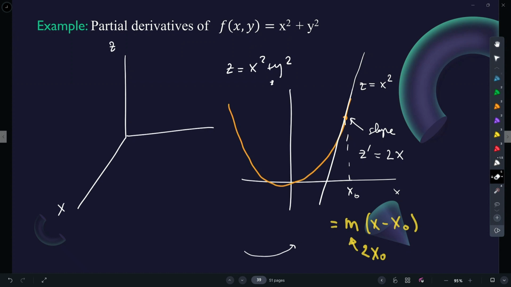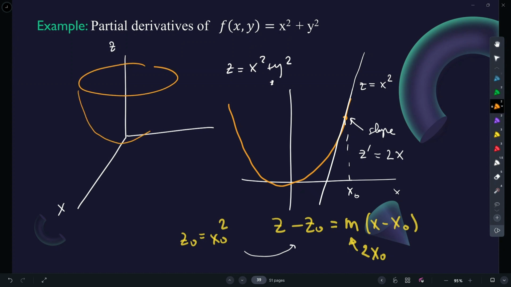So it's the line z minus z0, but I know what z0 is. It's x naught squared. Okay, so I can actually compute the tangent line exactly there, and if I draw my graph here, I can figure out exactly, at least in this line, that every single derivative is given by 2x.